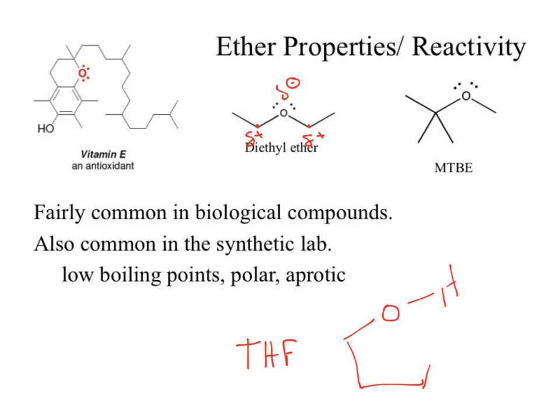Instead of being an ether, we made that an alcohol. What happens to the chemistry? We can now do acid-base chemistry. So we would still have a polar solvent, and if we pick something like methanol or even ethanol, our boiling point is still relatively low, but we also increase the likelihood of other reactions occurring.